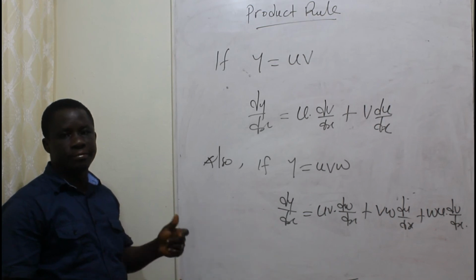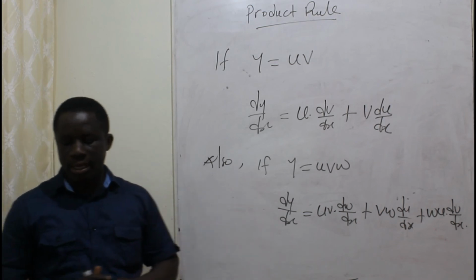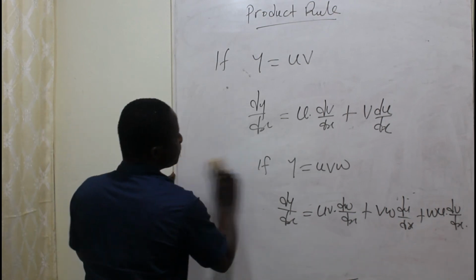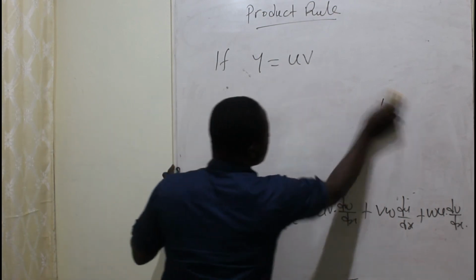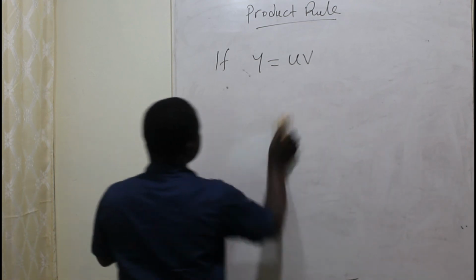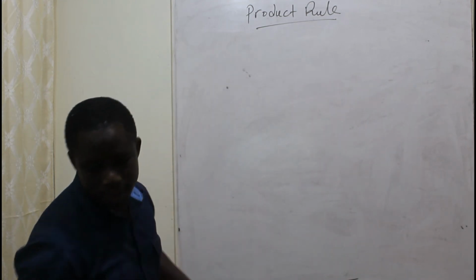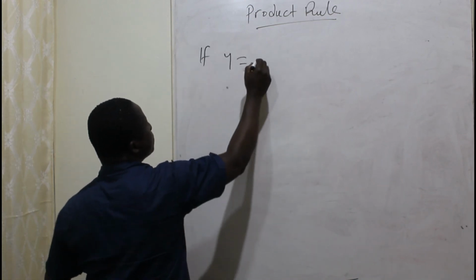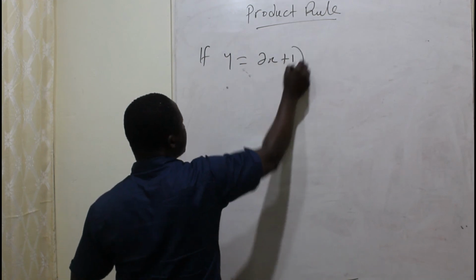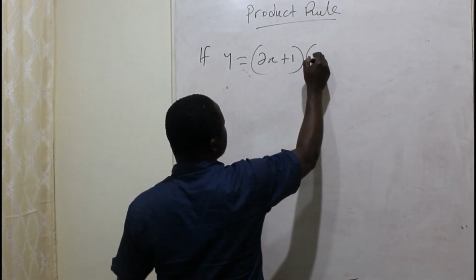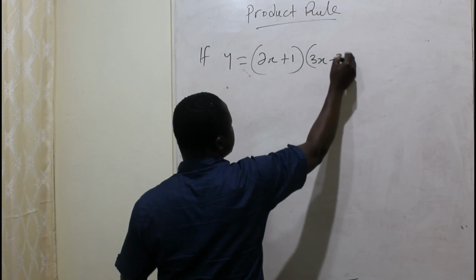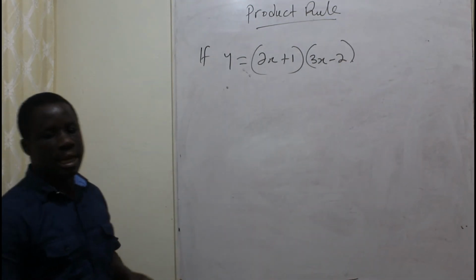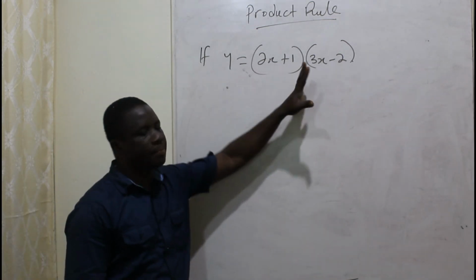You maintain, you differentiate, you maintain the rest. Let's pick an example and see how it can be done. If y equals (2x plus 1)(3x minus 2), the functions are linear functions being multiplied together.